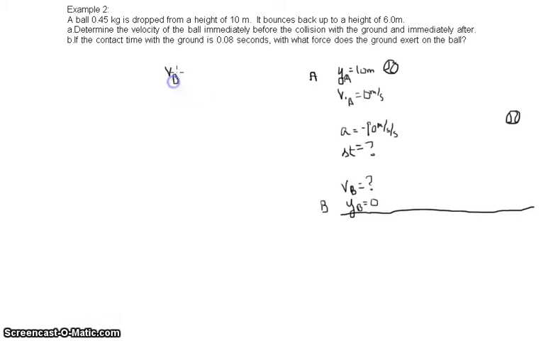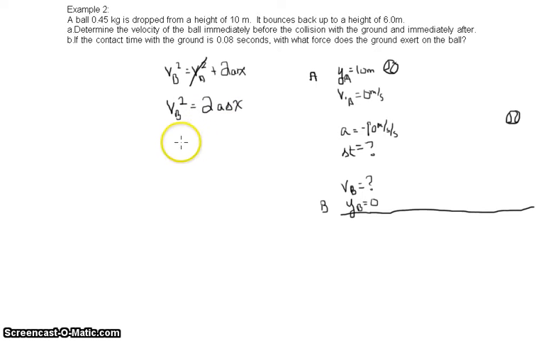The velocity squared at B is equal to the velocity squared at A plus 2a delta x. Looking at this, we know the velocity at A is 0, so we have velocity at B squared equal to 2a delta x.